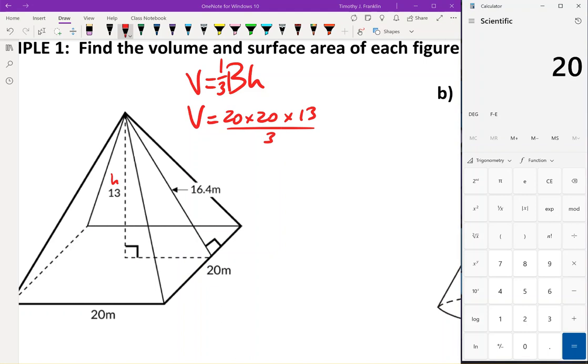So for the volume, we'll do 20 times 20 times 13. This would be the volume of a square prism with the same base and height, but then we divide it by 3 to get our overall volume here, which is 1,733.3 meters cubed.